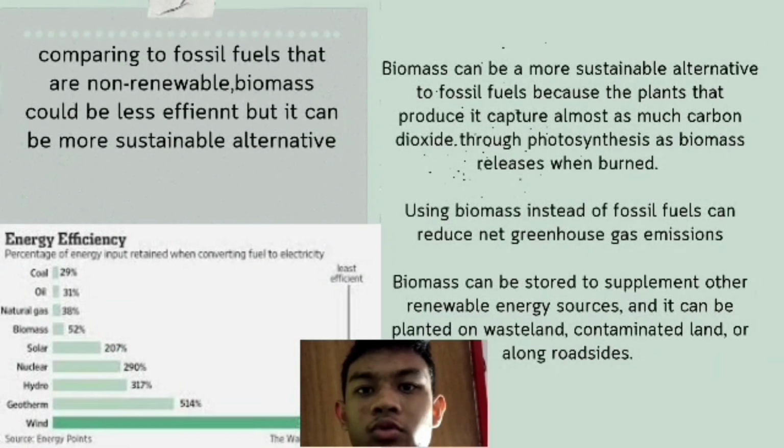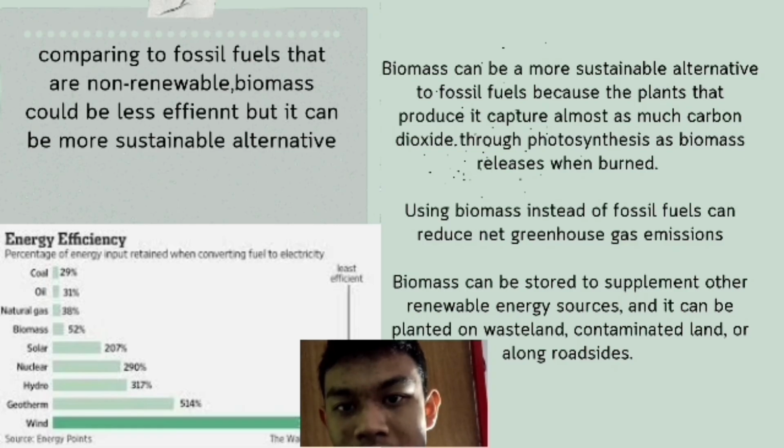When comparing to fossil fuels that are non-renewable, biomass could be less efficient, but it can be a more sustainable alternative. This graph shows the energy efficiency of different sources of energy from different fuels.